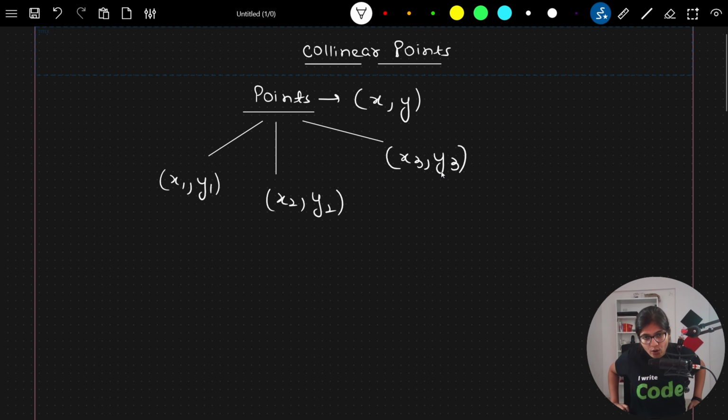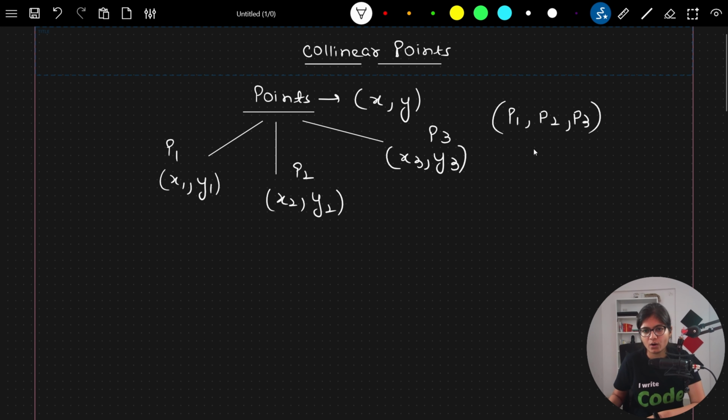Now, what you need to tell the interviewer is whether these 3 points, P1, P2 and P3, are collinear or not.